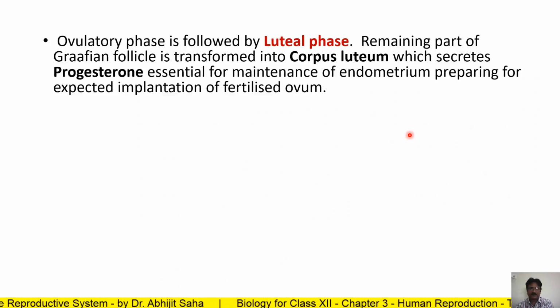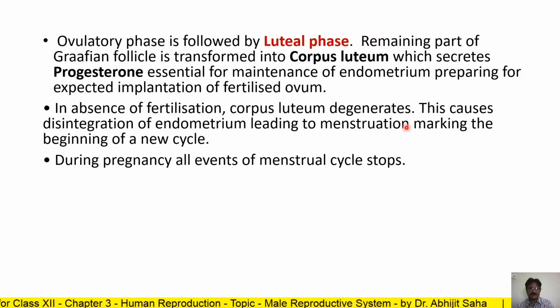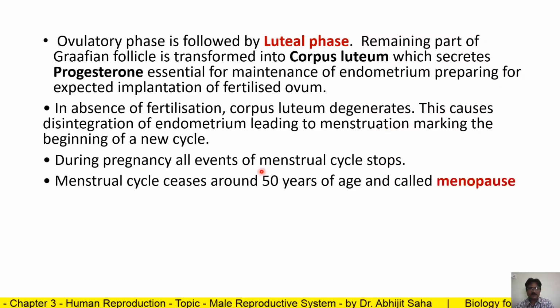This is called ovulation. The ovulatory phase is followed by the luteal phase. The corpus luteum now secretes progesterone, as we have just discussed. Now, in the absence of fertilization, the corpus luteum degenerates, and this degeneration causes disintegration of the endometrium and menstruation starts. During pregnancy, all events of the menstrual cycle stop.